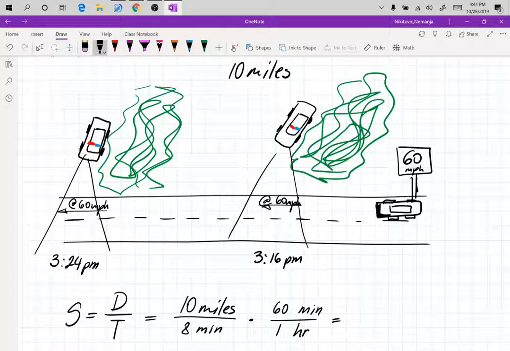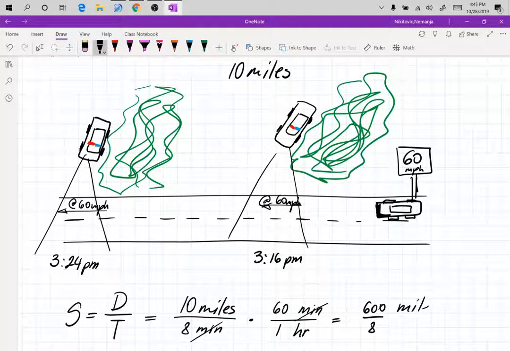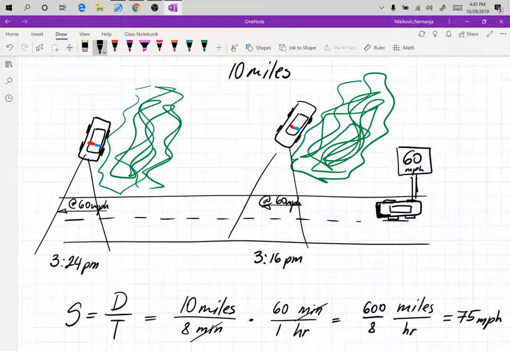And when I multiply and divide these numbers, I'll have 600 divided by 8. Minutes and minutes will cancel, and I'll just have miles per hour. And now all I need to do is divide 600 by 8 to get 75 miles per hour, which is 15 more than the speed limit.